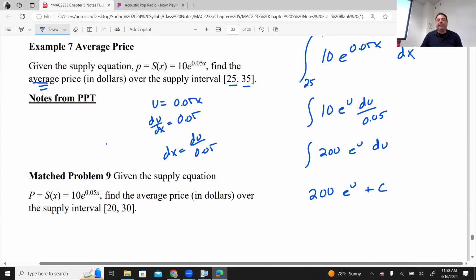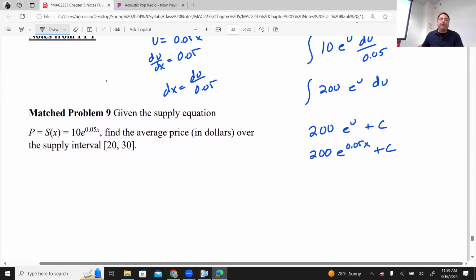Don't forget your plus c. And we don't want it in terms of u, so this will be 200e to the 0.05x plus c. So let's pause there. Did we get the integral correct? Let's deal with the numbers. Now remember, you can put the plus c if you want, but we know that we are going from 25 to 35.